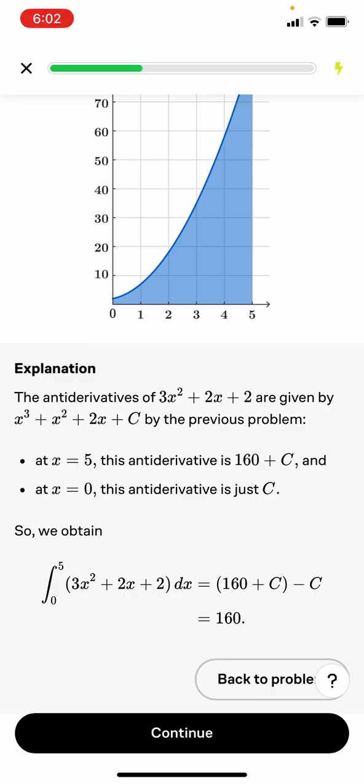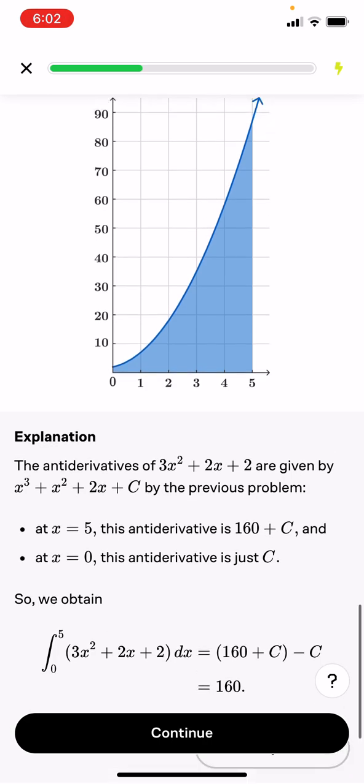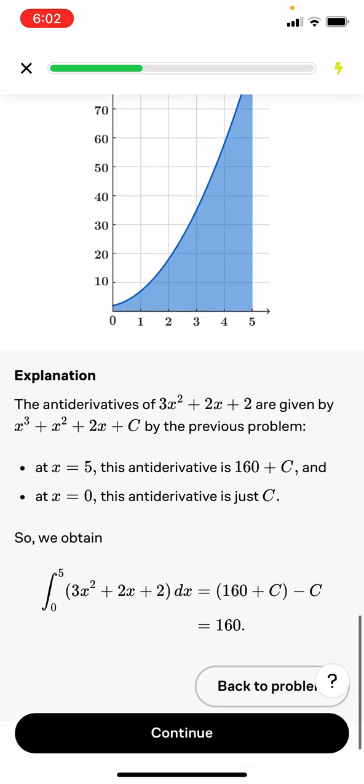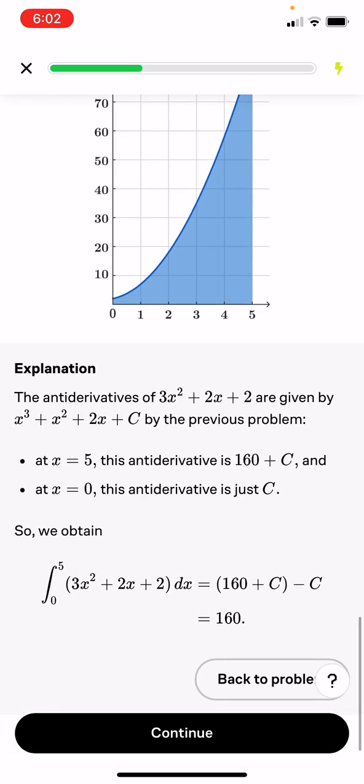So, if x equals 5, the antiderivative is 160 plus c. And at x equals 0, the antiderivative is just c. So we obtain the integral from 0 to 5 of 3x to the second plus 2x plus 2 dx equals 160 plus c minus c equals 160.